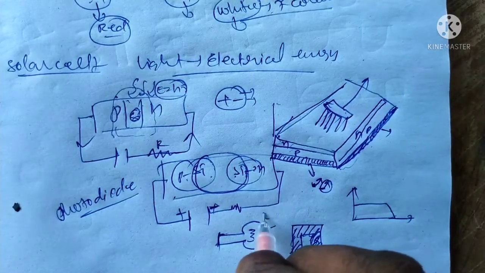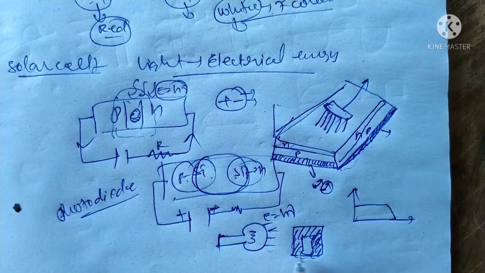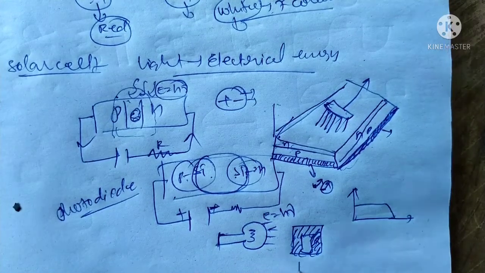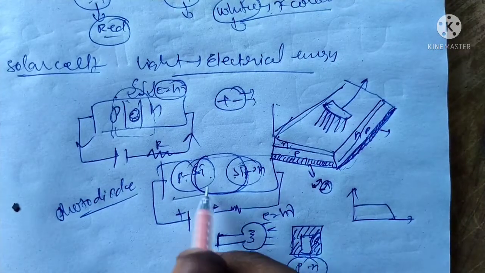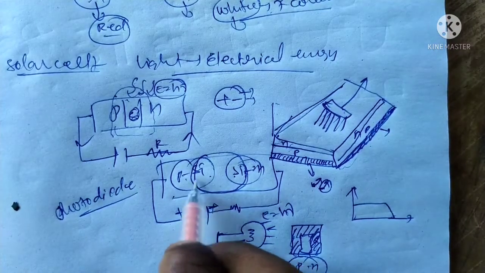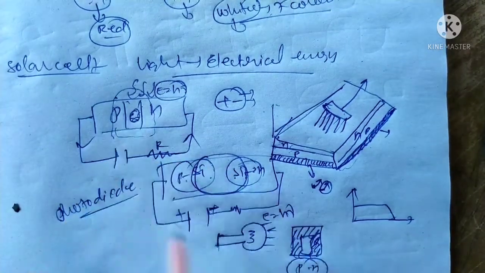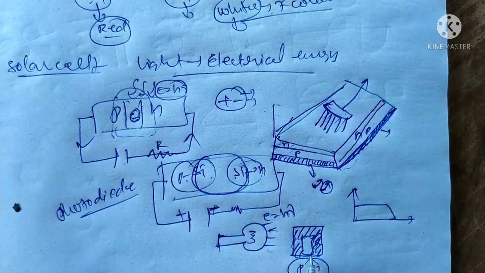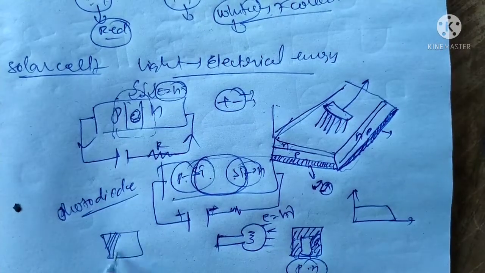Sunlight means the photon energy is equal to h nu. The photon energy falls on a p-n junction diode, that is a solar cell. It works on the principle of forward bias. This arrangement is shown in the solar cell. You know, solar cells are like this.